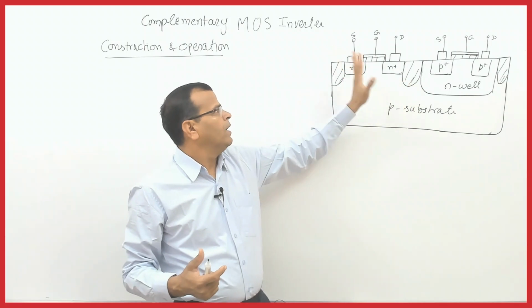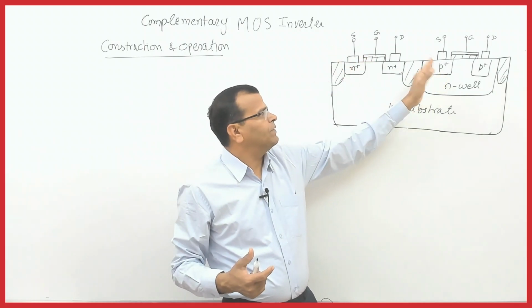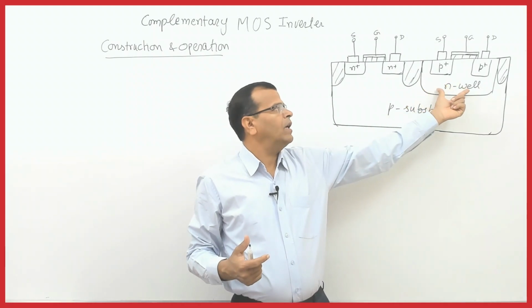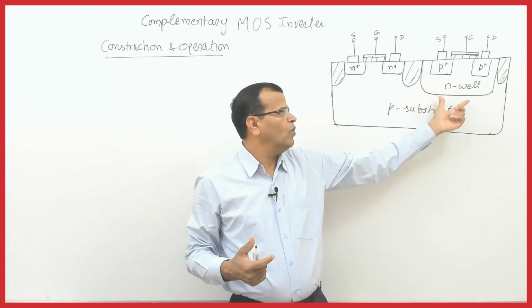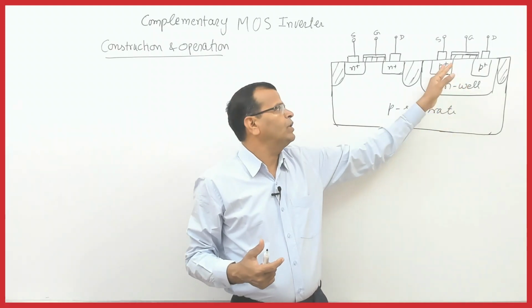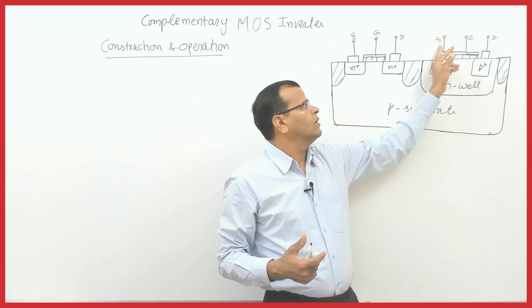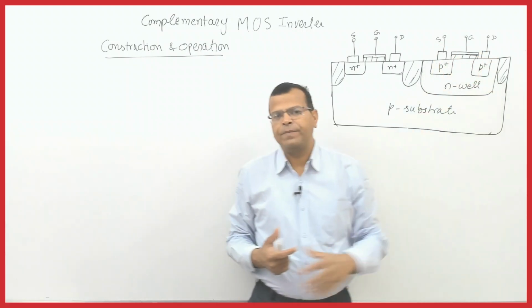Here the PMOSFET is fabricated by diffusing N layers into the P substrate. This is called the N well, in which we diffuse the P plus layers for the source and drain.